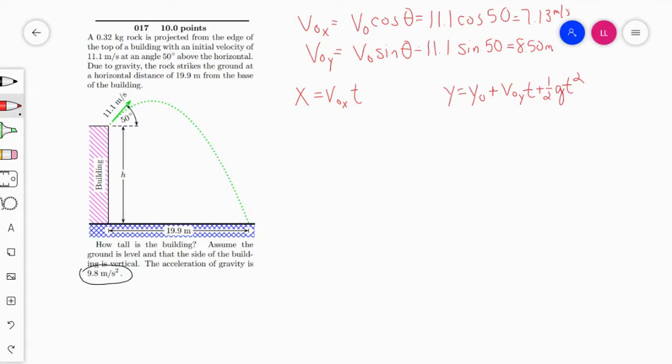So because we know how far it travels horizontally, we can find its flight time. Okay. So time is just going to be x over V0x. And so that'll be our distance traveled, 19.9 divided by 7.13.